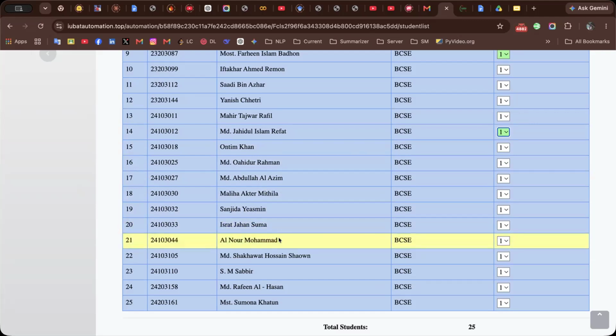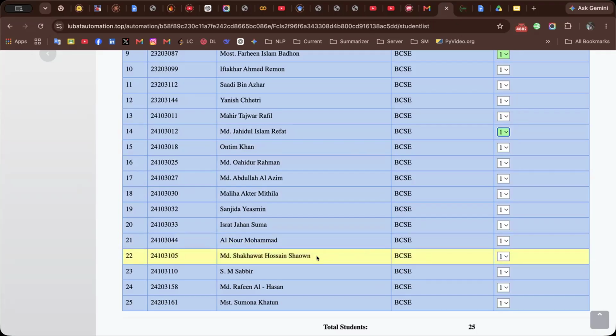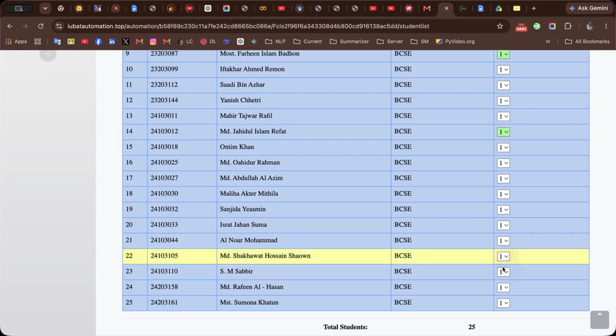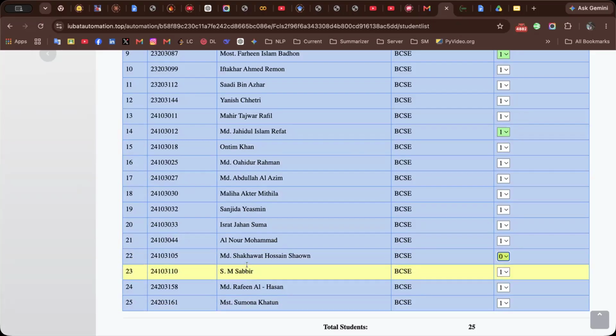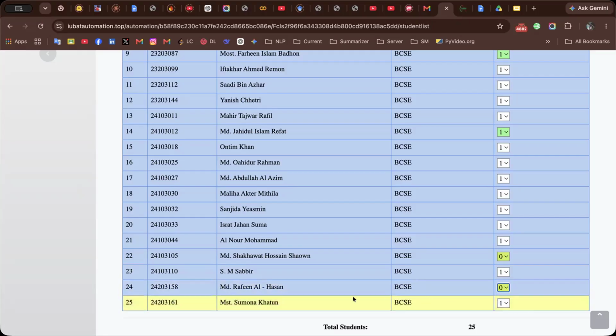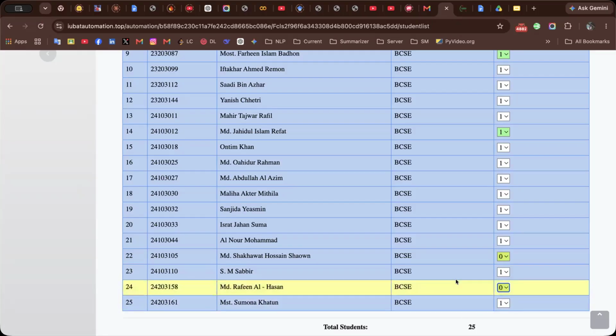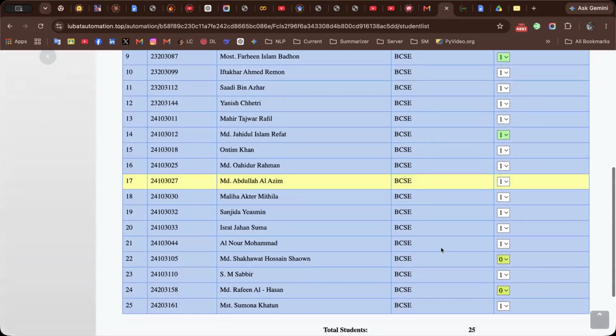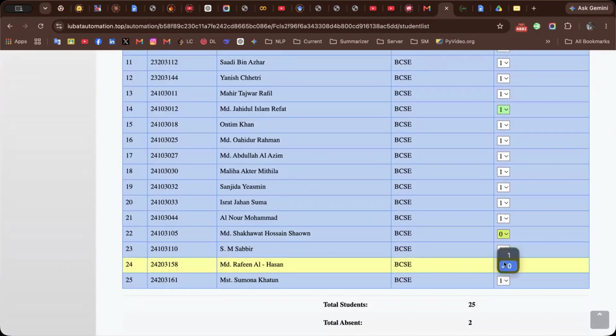Al Nur Muhammad was also here, the electricity went off. Shaun is present. Sabbir, present, sir. Rafin Al Hassan. Shumona, yes, sir. Sir, Rafin was here, the electricity went off. Shakira present, sir.